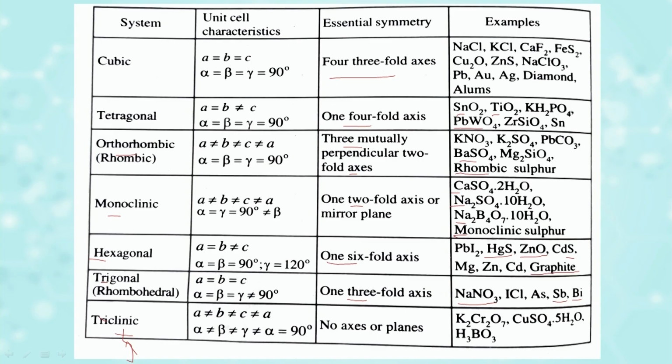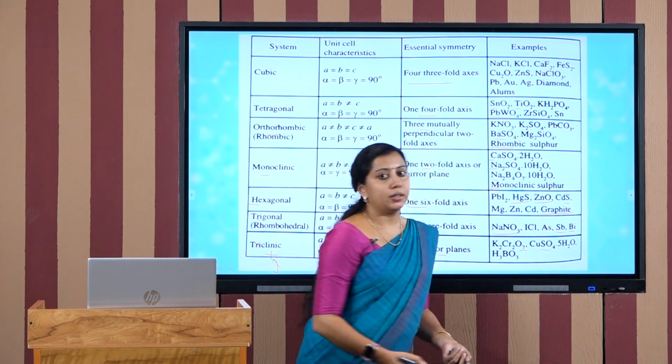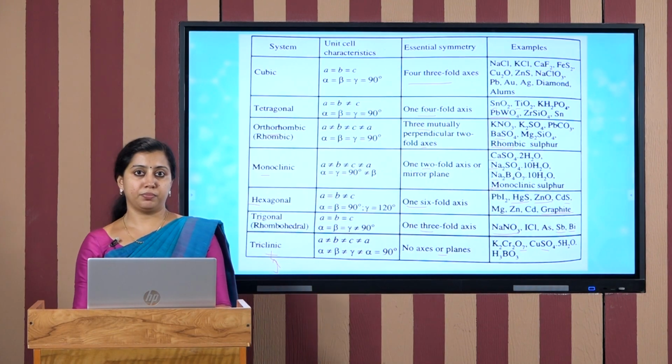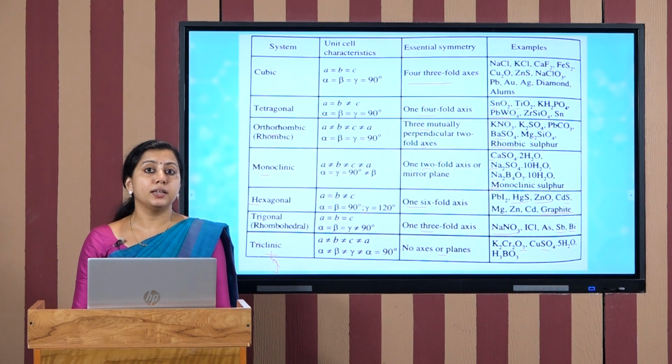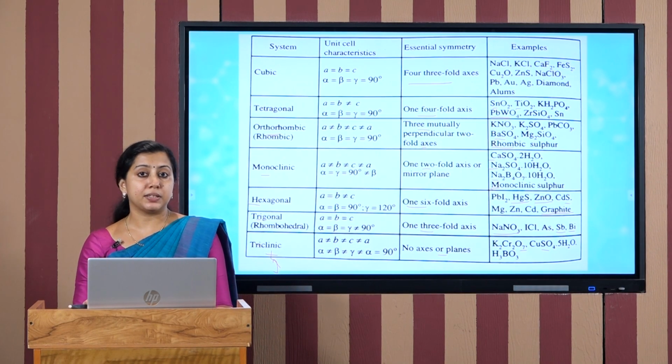So, no axis or planes of symmetry. So, potassium dichromate, copper sulfate, then boric acid all belong to the triclinic system. So, till now we have seen the 7 types of crystal systems distinguished from one another on the basis of the lattice parameters, that is the axial intercepts and the axial angles.